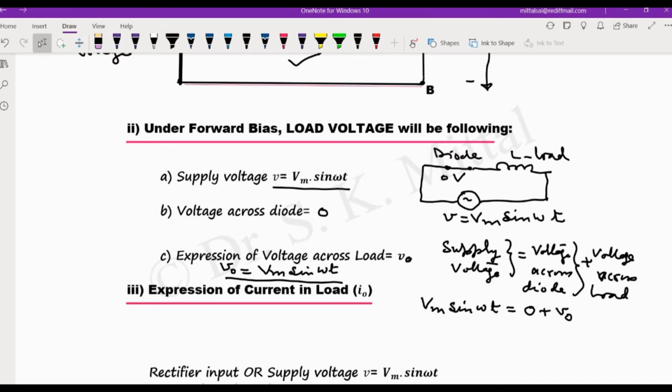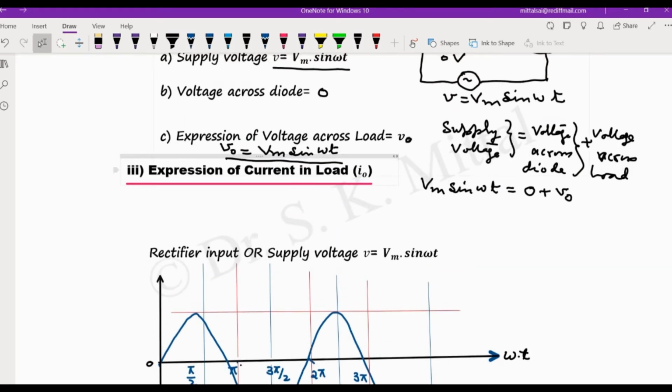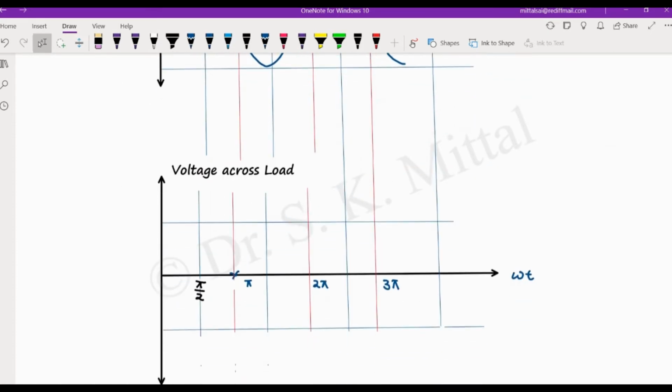Means the supply voltage waveform and the output voltage waveform both are similar. See here, the first waveform is representing rectifier input or supply voltage V is equal to Vm sin omega t, and here calculation says that output voltage across the load is also represented by Vm sin omega t.